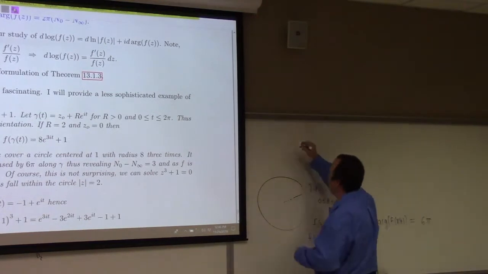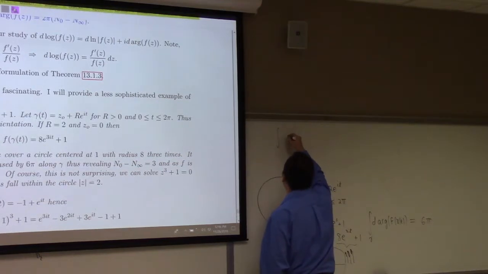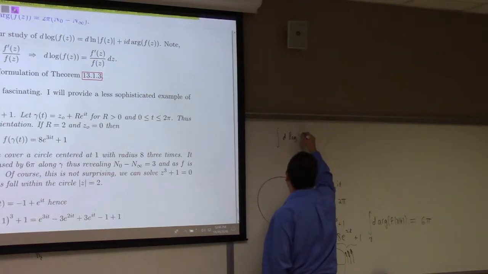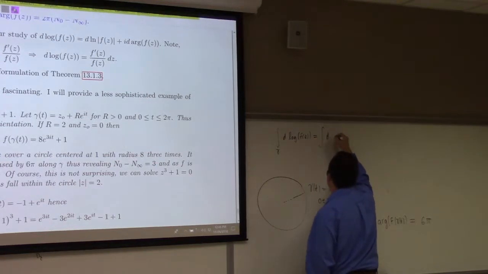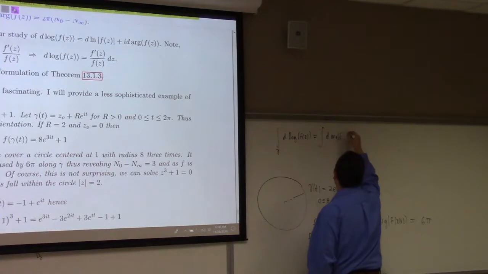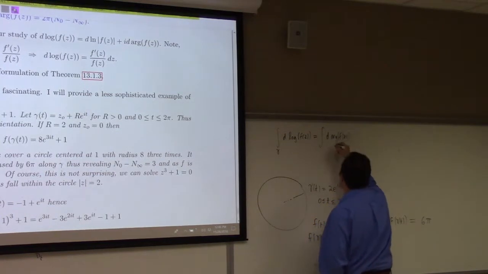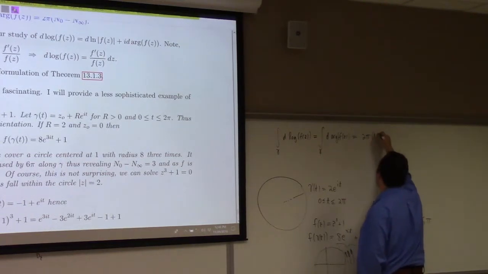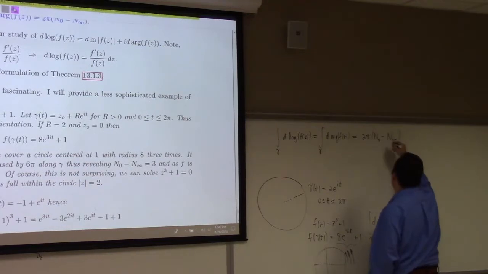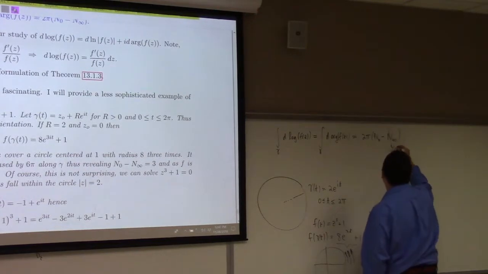Again, what was the integral? The integral of the differential of the logarithm of f of z over gamma, which we worked out is the differential of the argument of f of z over gamma, right? And that was equal to what? 2 pi times the number of zeros minus the number of poles, right? So this is 0. Why?